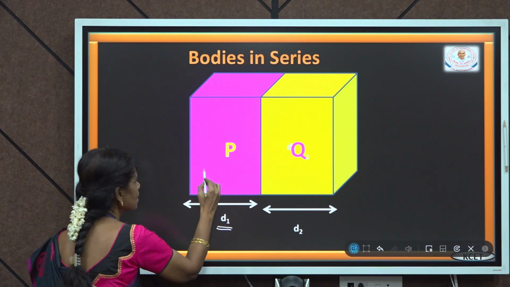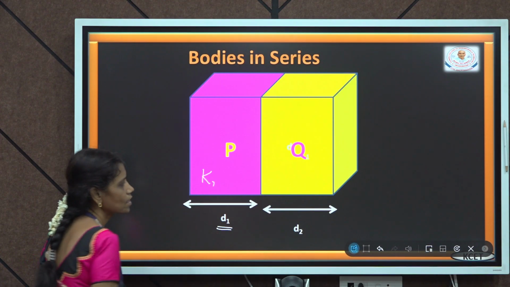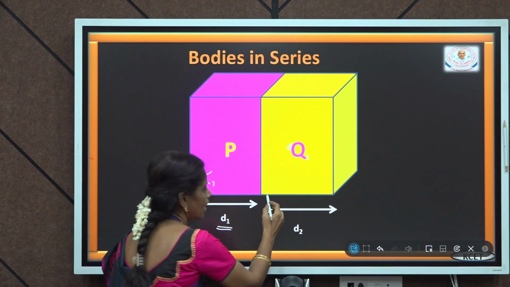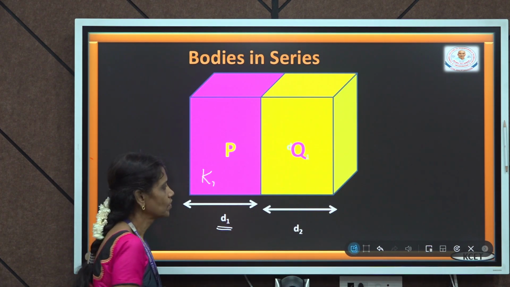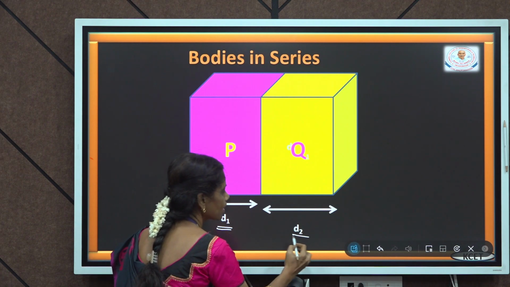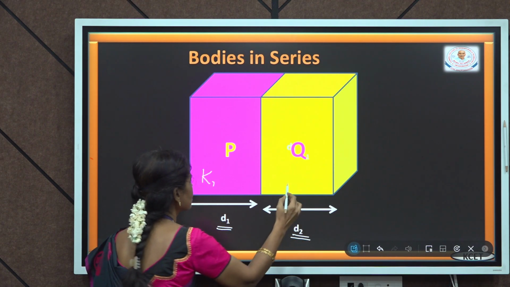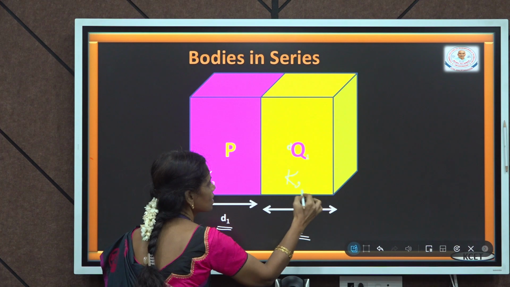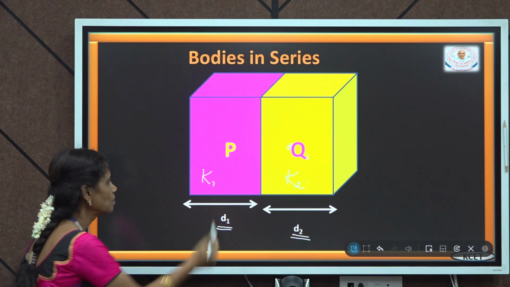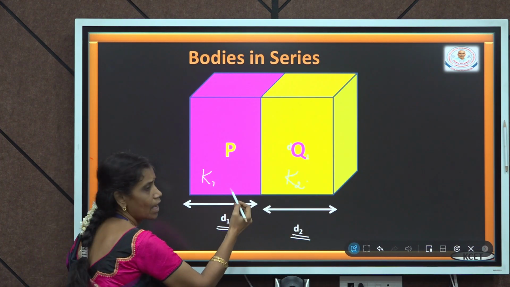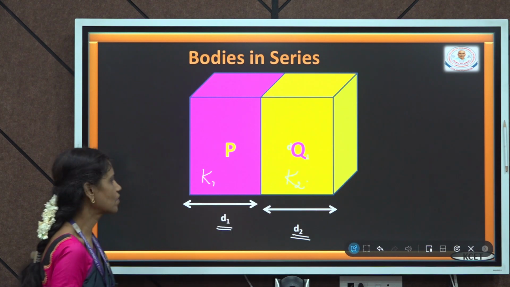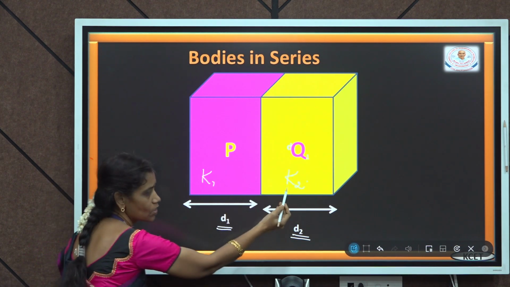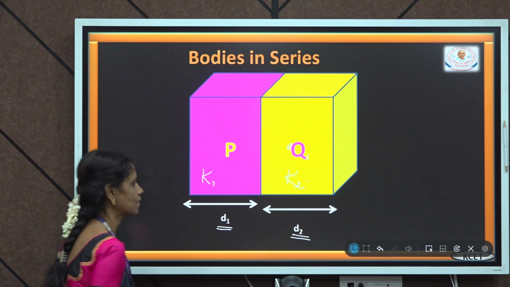So, two different materials having two different thermal conductivity values are sandwiched together in series condition.